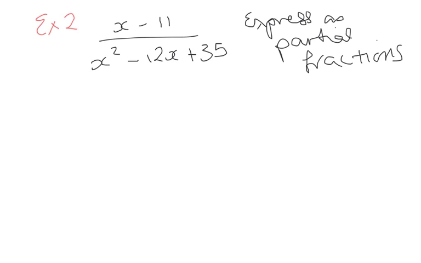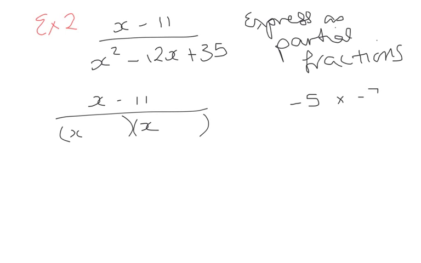First of all, factorise the denominator. 2 brackets. X multiplied by x. You need two numbers multiplying to 35 and adding to negative 12. That'll have to be negative 5 times negative 7 equals 35, and they add up to negative 12. Negative 5, negative 7.